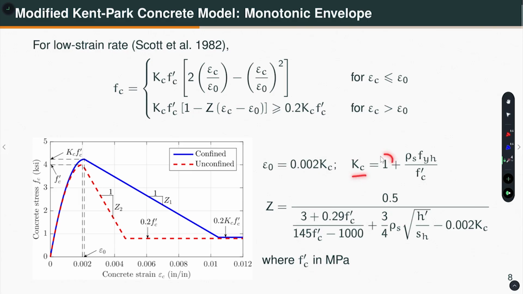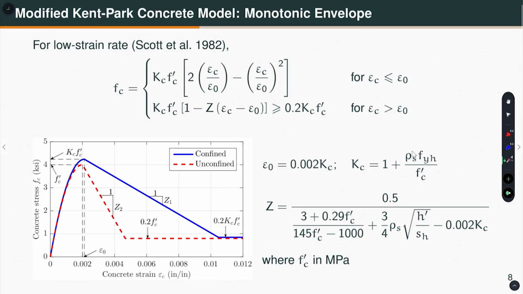Well, Kc is 1 plus a quantity which accounts for the effect of confinement. What is rho s? I will explain. Rho s is the ratio in terms of volume of steel, confining steel, and the concrete, and it is better understood through an example which I shall show. And Fyh is the yield strength of the hoop reinforcement, and Fc prime is the characteristic cylinder strength of concrete.